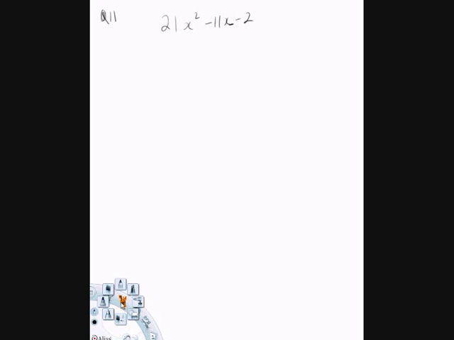Dennis got this expression after he factorized: 3x plus 2, 7x minus 1.